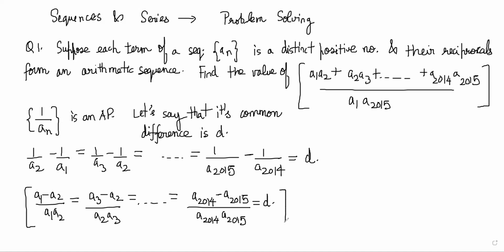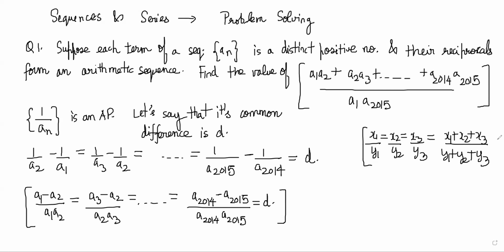We have this relation. Now, a simple property of ratios that you should be aware of is this: if x1 by y1 is equal to x2 by y2 is equal to x3 by y3, then you can also say that it will be equal to x1 plus x2 plus x3 by y1 plus y2 plus y3.